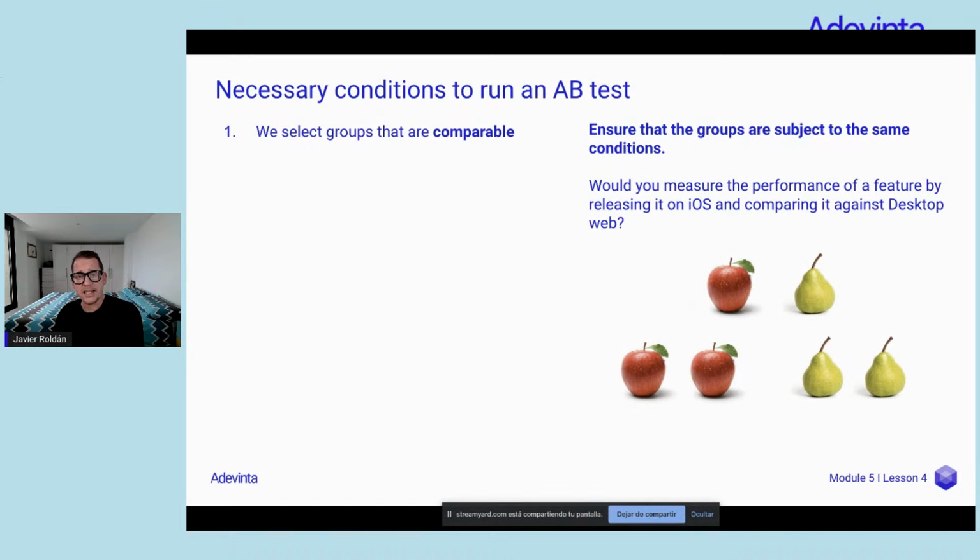If besides the changes we have implemented there exist other differences between the groups, we will not be able to establish a causal relationship. Would you measure the performance of a feature by releasing it on iOS and comparing it against web desktop?